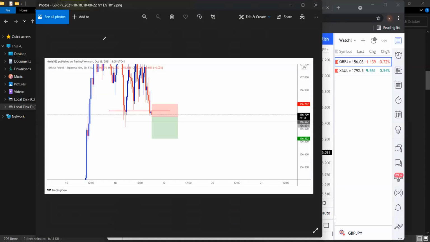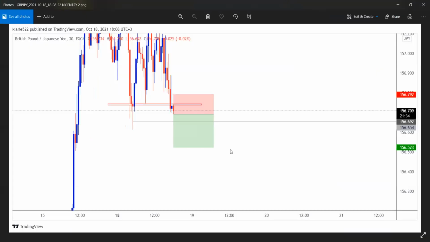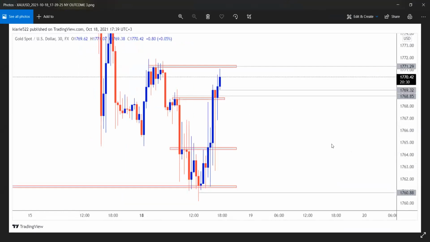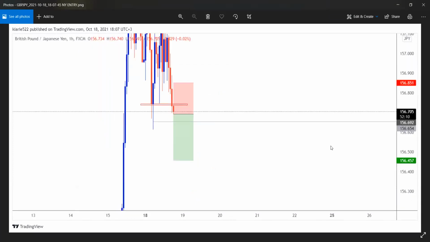Sawa, tutaipitia. Lakini it's not a big deal because you don't need it as such, ndio? You don't need it if you know how much you are willing to risk, our rules. Unaweza consider, by the way.